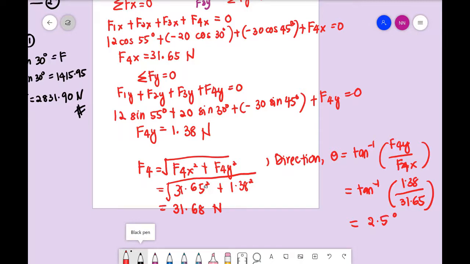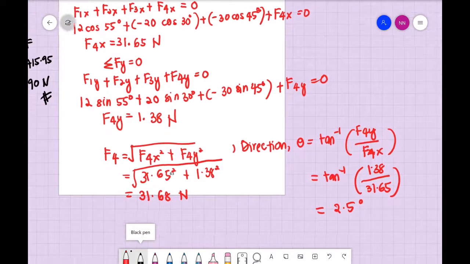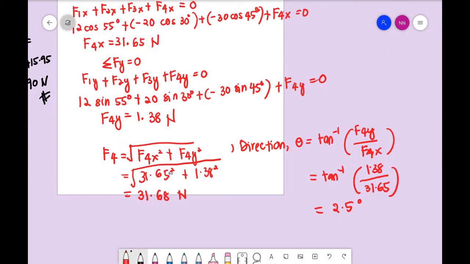So where is the location? Maybe we can sketch like this. This is the x-axis and this is the y-axis. The x-axis is positive, so it is at this area, and the y-axis is positive as well, so it is at this area.